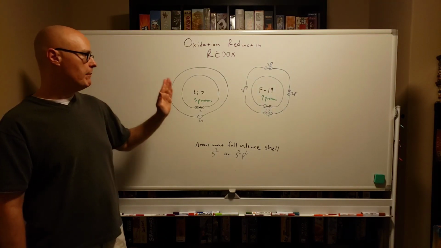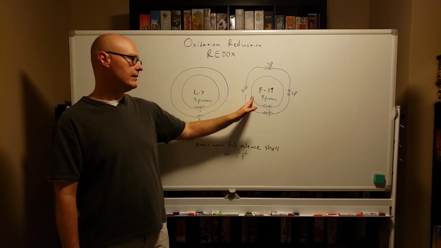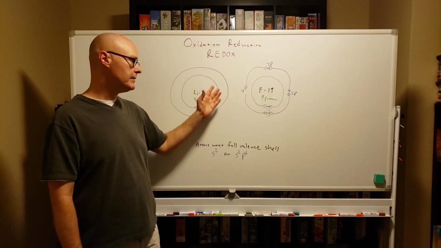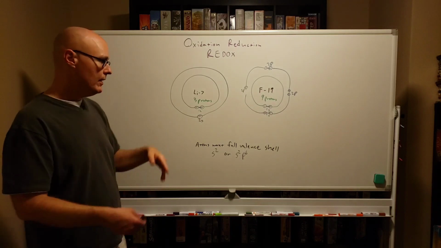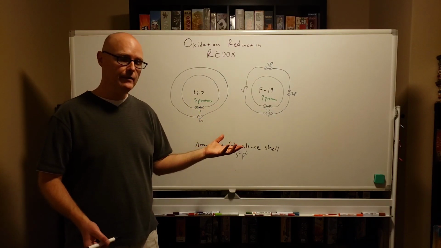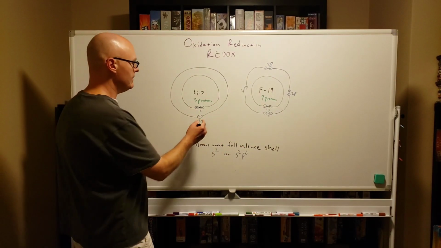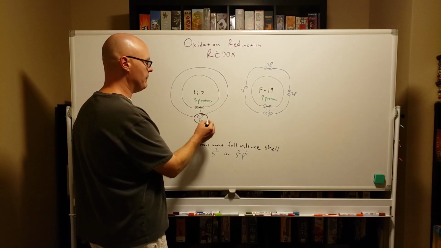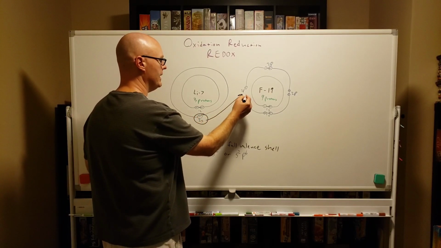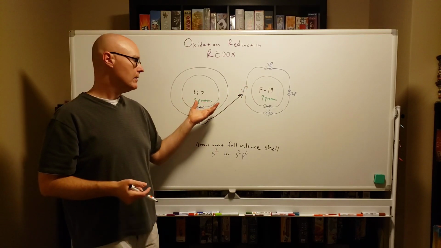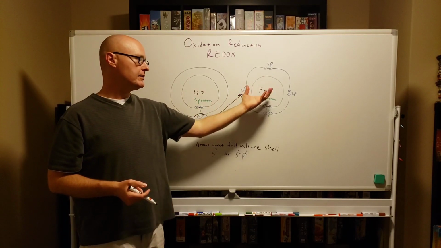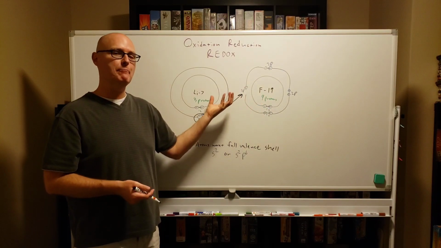All right, so if I combine the lithium and the fluorine together, if I have some kinetic energy, I have this lithium, I have this fluorine, put them together, then there's a pretty high statistical probability that this electron will be stripped away from the lithium and given to the fluorine. When this happens, this lithium and this fluorine become ionically bonded.